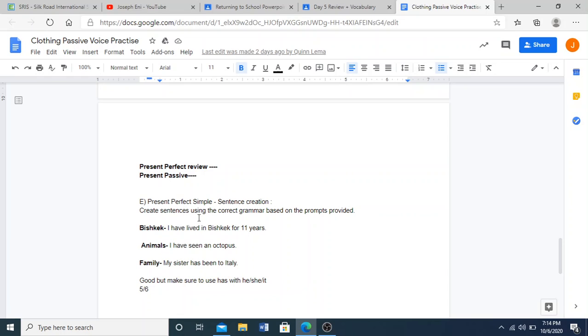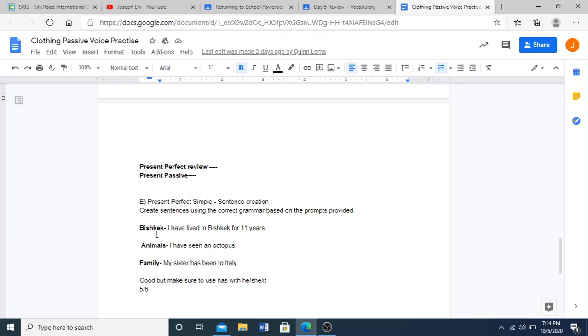Create sentences using the correct grammar based on the prompts provided: Bishkek, animals, and family. This is already done because you were supposed to create a sentence using each. So these are my examples. After I read this to you, I expect you to make your own sentences again with Bishkek, animals, and family.